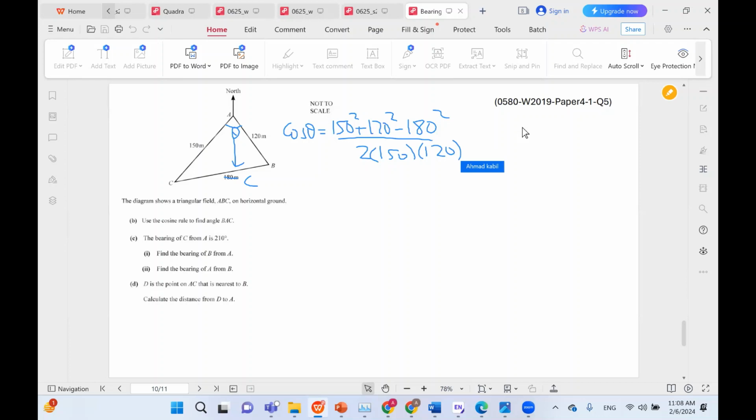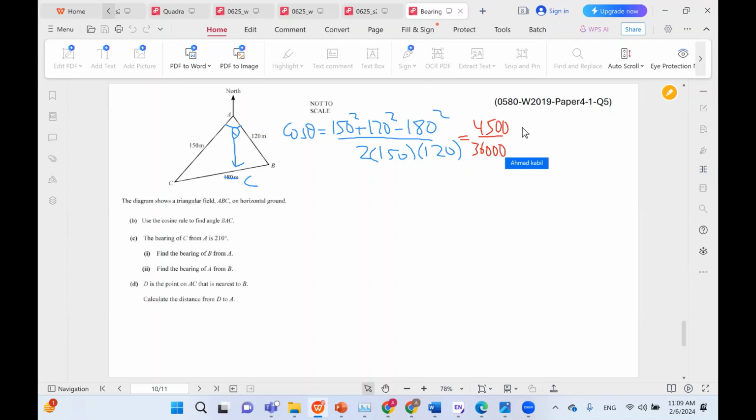So using the calculator, you have 4,500 in the numerator divided by 36,000 in the denominator.